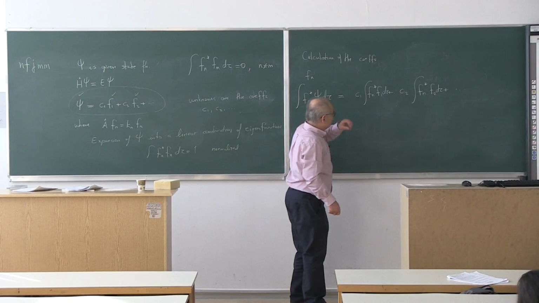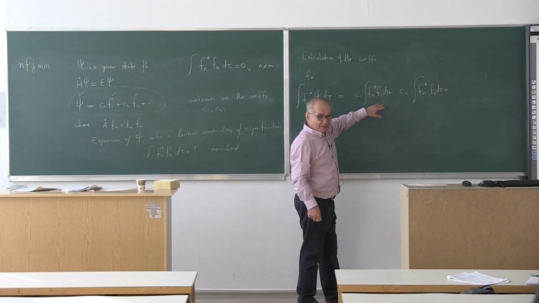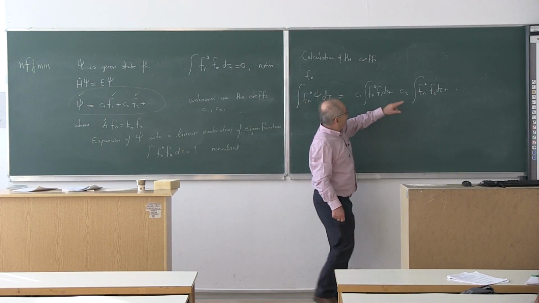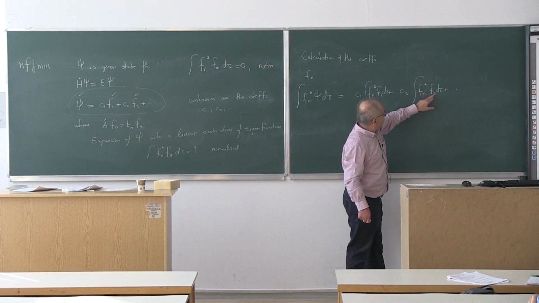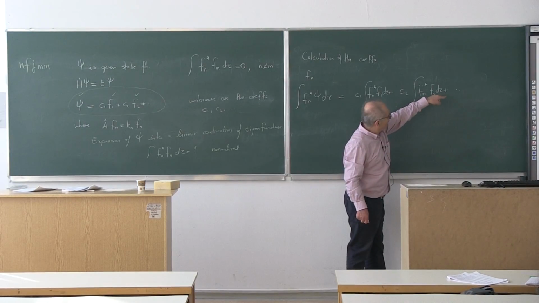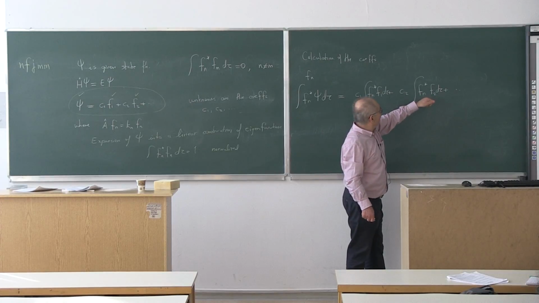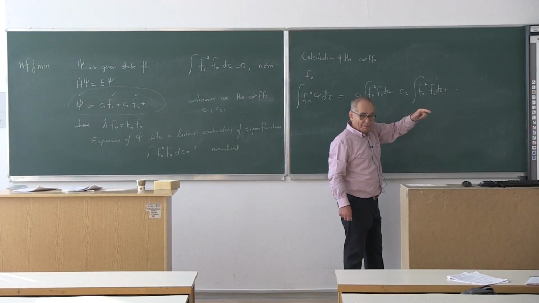There are infinitely many integrals here, but only one of them will be non-zero. Which one? The one in this summation in which this function is the nth function, then that will be non-zero.